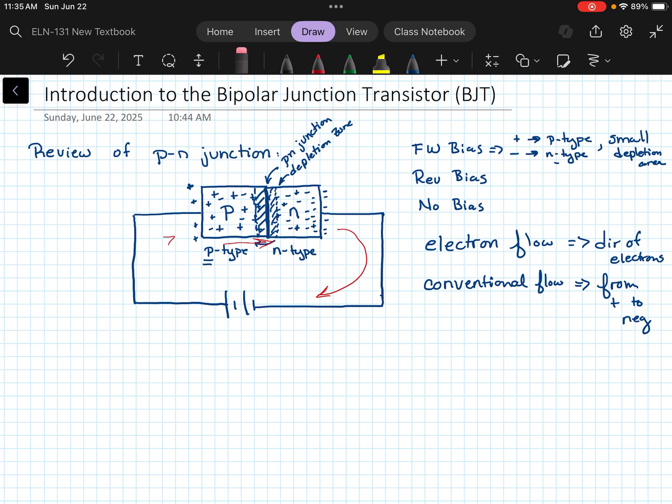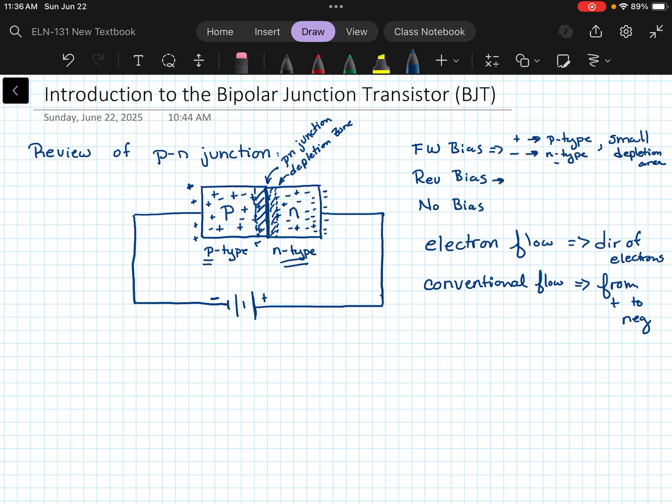So reverse bias means that I'm going to have the positive lead of my power supply, my voltage supply, connected to the N-type material and the negative connected to the P-type material.